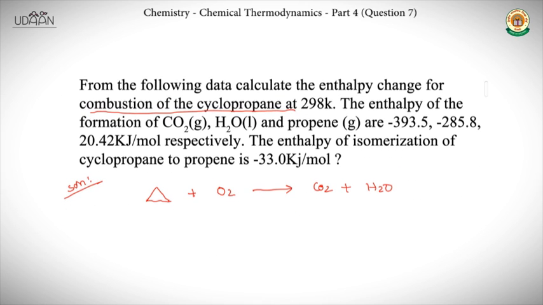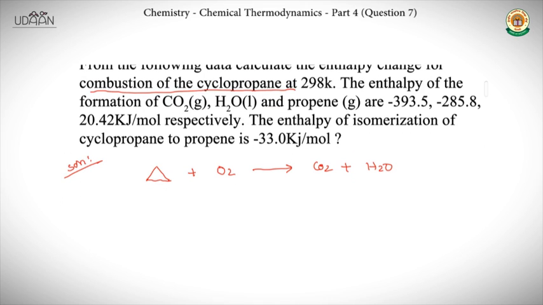And then check for the information they gave. Here they gave the enthalpy of formation of carbon dioxide, water and propene. And they gave the enthalpy of isomerization of cyclopropane to propene as minus 33 kilojoules per mole. So cyclopropane to propene, this one, is delta H equal to minus 33 kilojoules per mole.